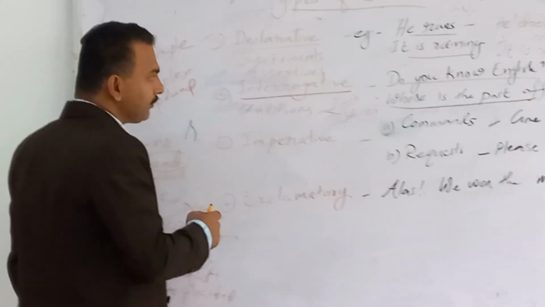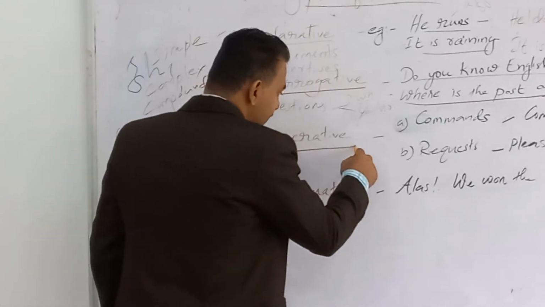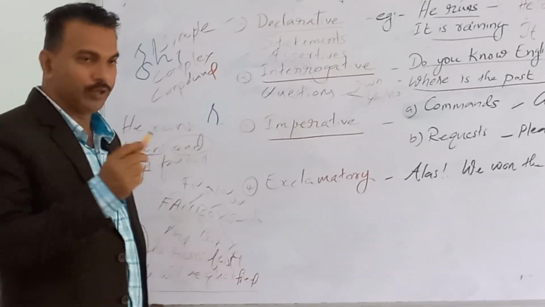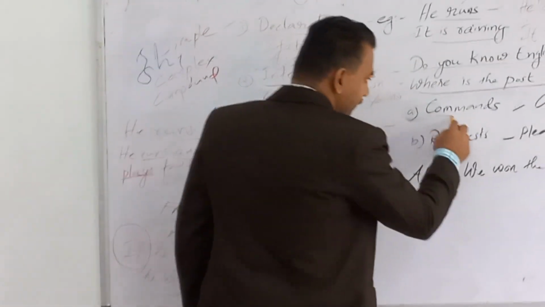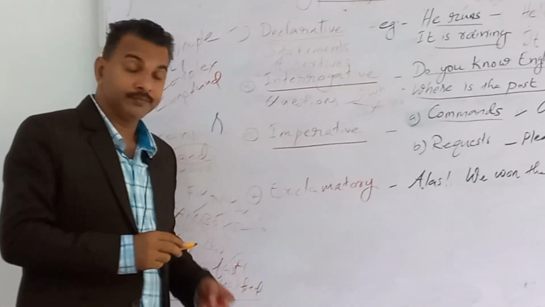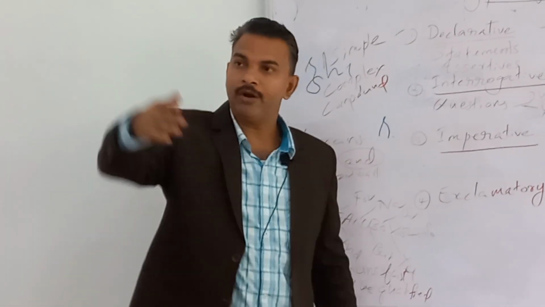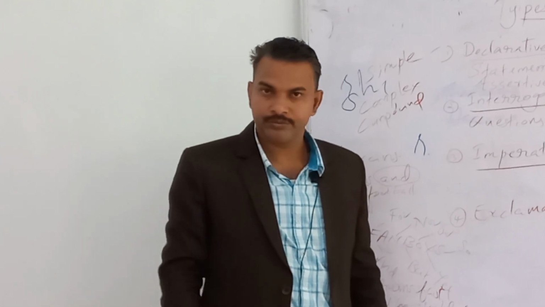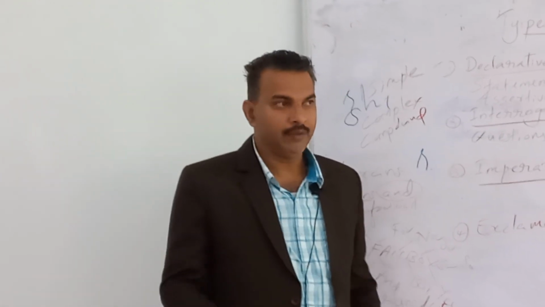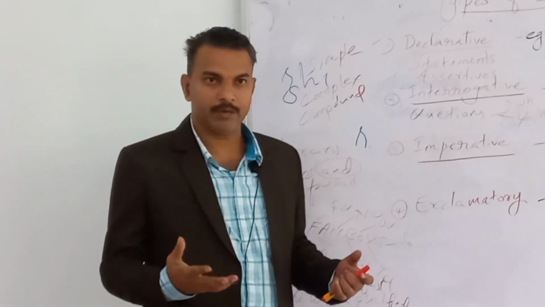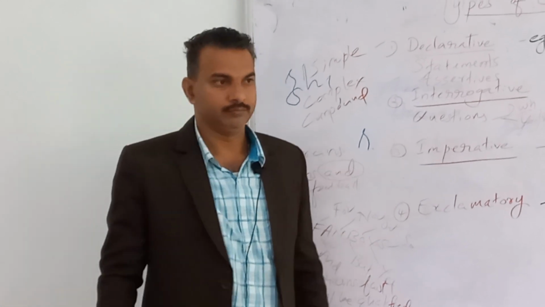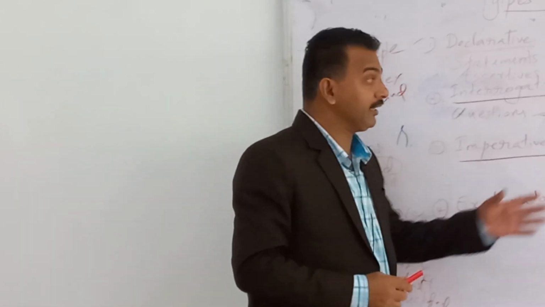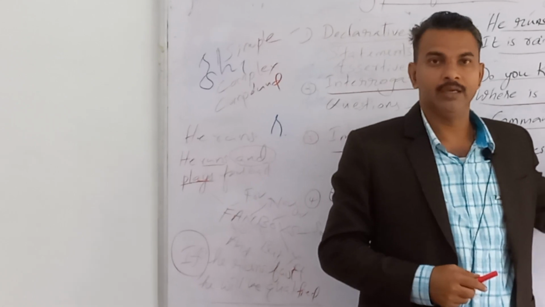Now moving to the third one, which is imperative, there are two types. First one is a command, an order. For example, get out from here, come out, do it. If, for example, a king commands, kill him, beat him. This is command, come here.